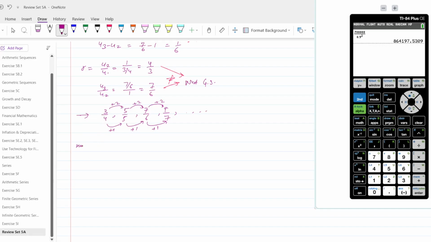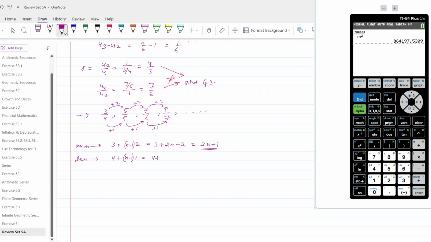So for numerator, we can say nth term is going to be u1, that is 3, plus n minus 1 times d, that is 2. So this becomes 3 plus 2n minus 2, which is equal to 2n plus 1. And for the denominator, the nth term is going to be u1, that is 4, plus n minus 1 times d, that is 1.